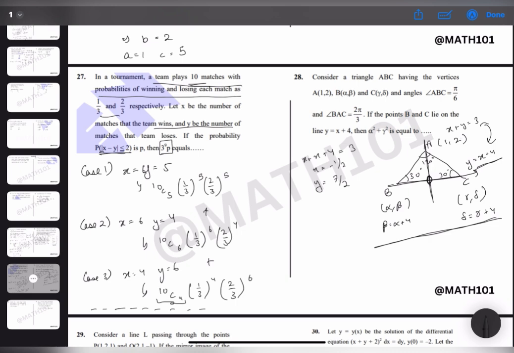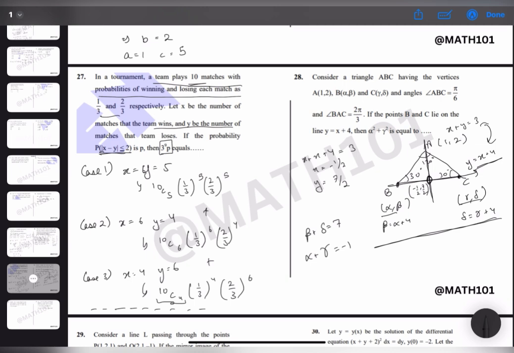That means the coordinates of this midpoint are these, which gives us beta plus delta equals to 7 and alpha plus gamma equals to -1, because the midpoints of these 2 points, alpha plus gamma by 2 is -1/2 and beta plus delta by 2 is 7 by 2.